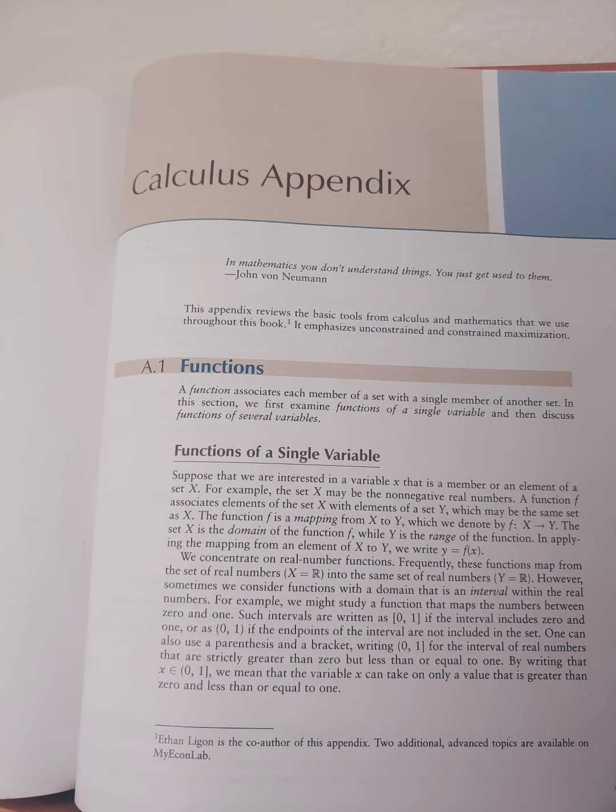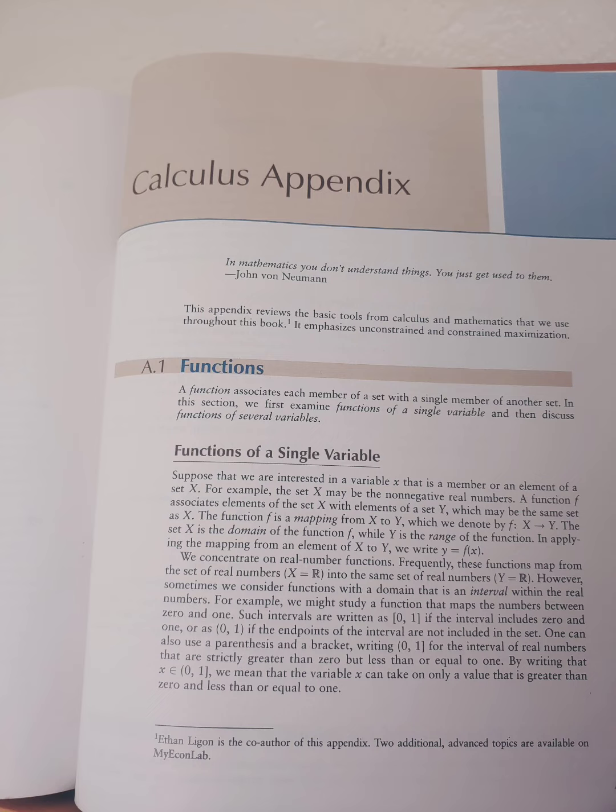More concisely, in the form g open parentheses x comma y close parentheses equals 0. For example, x squared plus y squared minus 1 equals 0 implicitly defines y in terms of x.